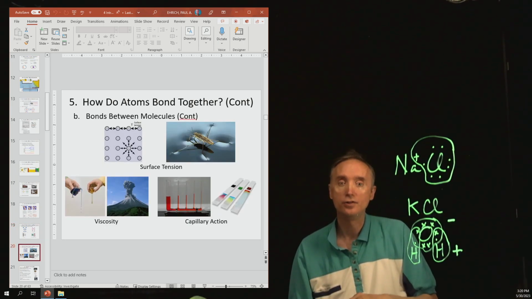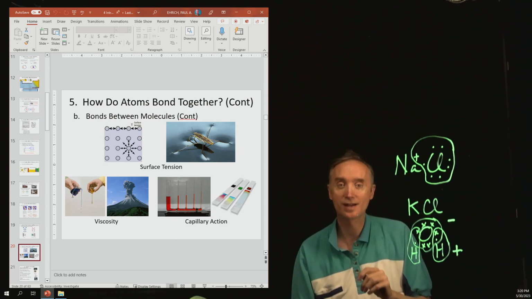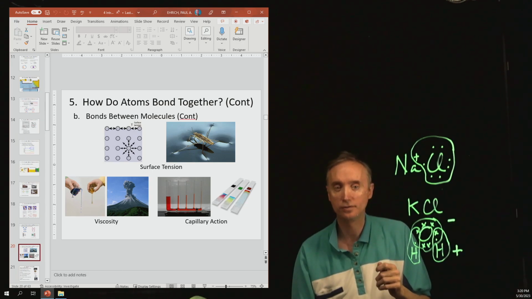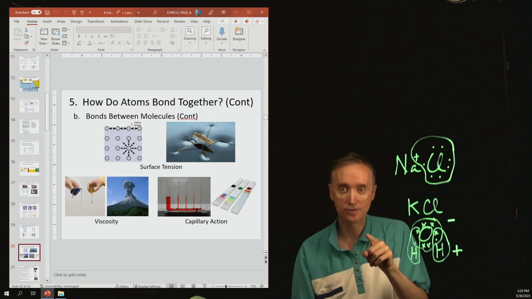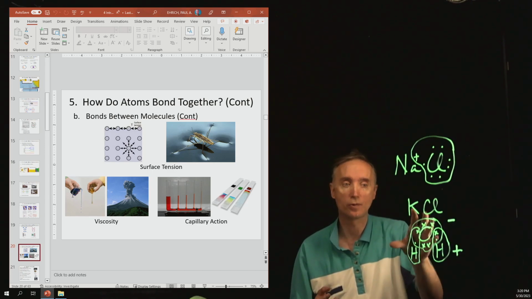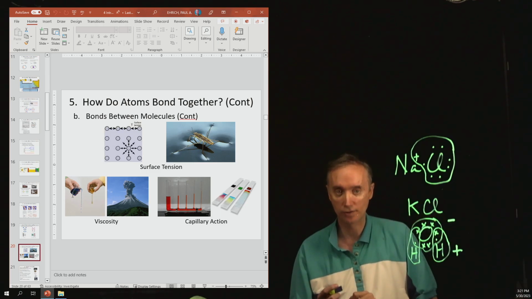Okay, and then you should also know about viscosity, and don't worry about the surface tension, and don't worry about the capillary action. So let's just concentrate on the viscosity. This explains how different substances like water stick to each other.